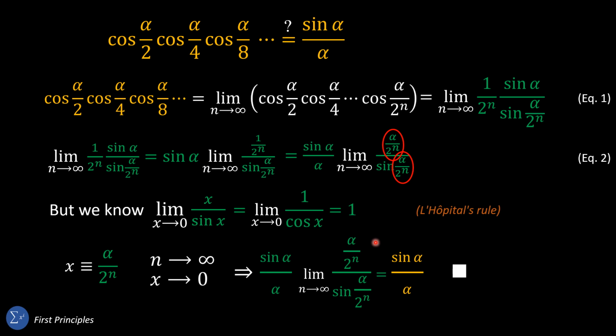So this whole limit will be 1 and the final result will be sine of alpha divided by alpha. So I started from the left hand side and proved that the left hand side is equal to sine alpha divided by alpha. And that ends the proof.